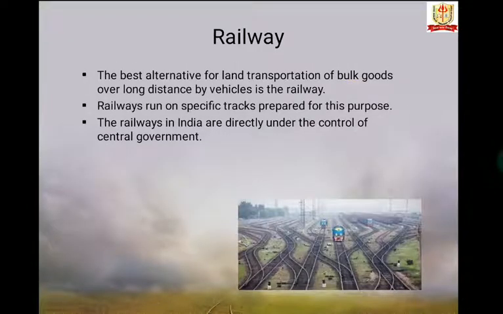Next is railway. The best alternative for land transportation of bulk goods over long distance by vehicles is the railway. Railways run on a specific track prepared for this purpose. The railways in India are directly under the control of the central government.